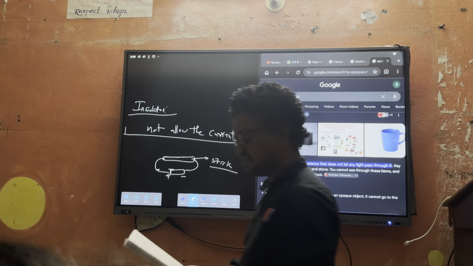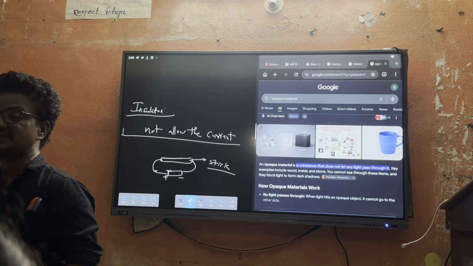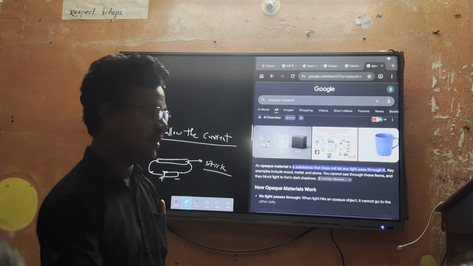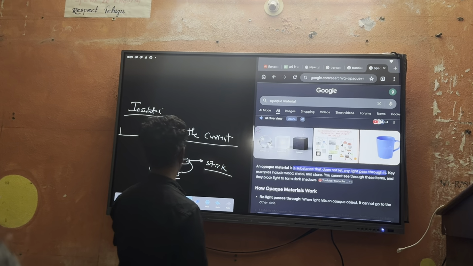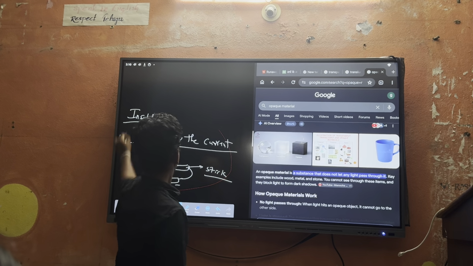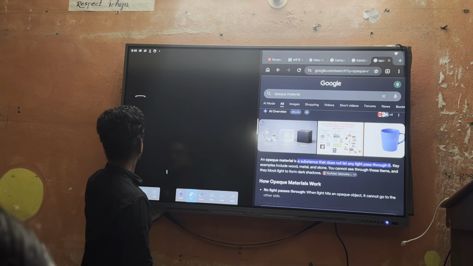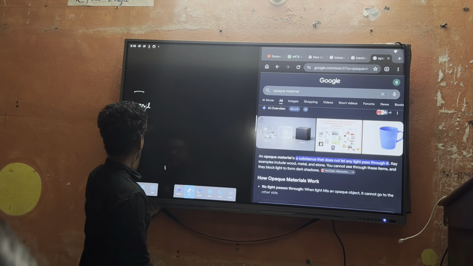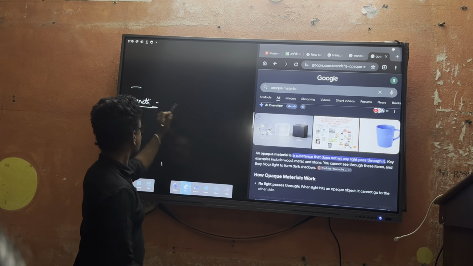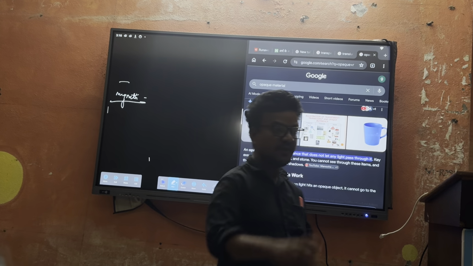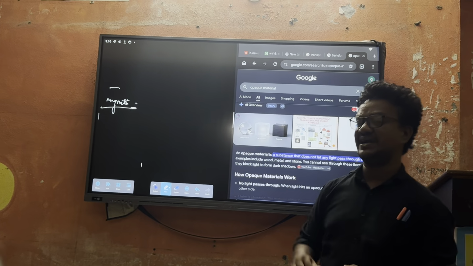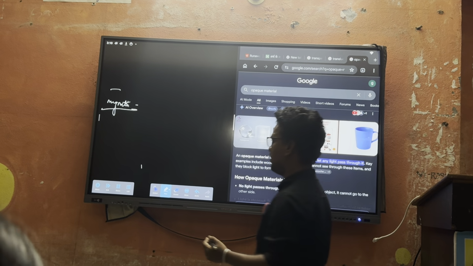Substances which are attracted by a magnet are called magnetic substances. The substances which are attracted by the magnet. Take a bar magnet here.